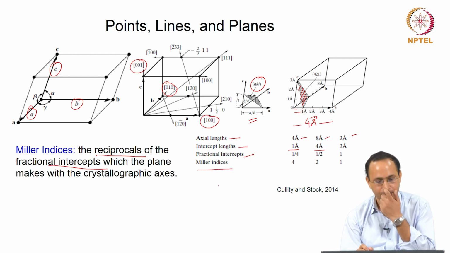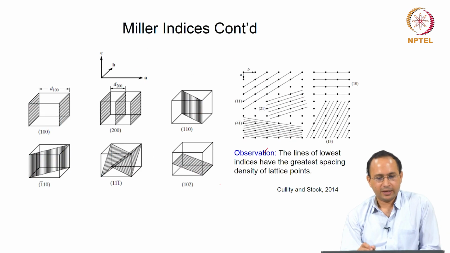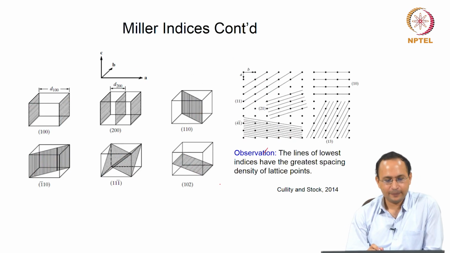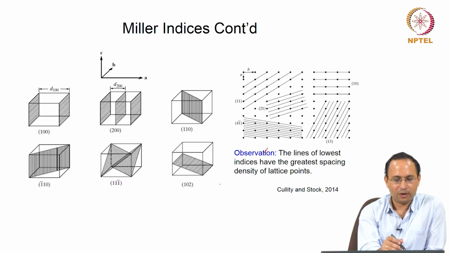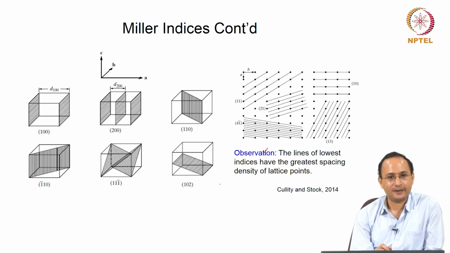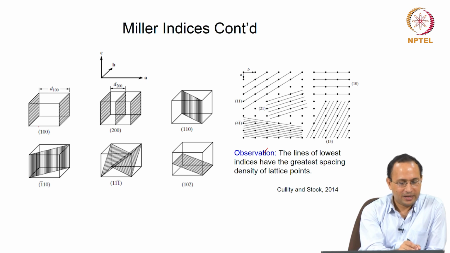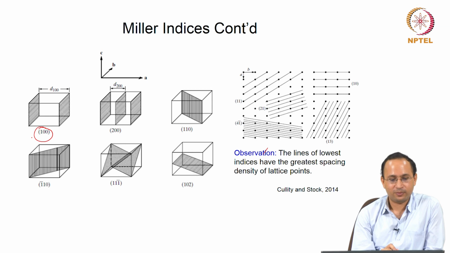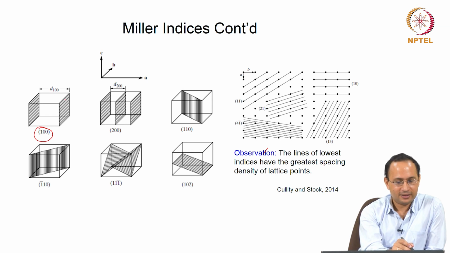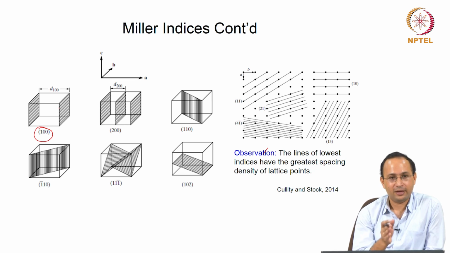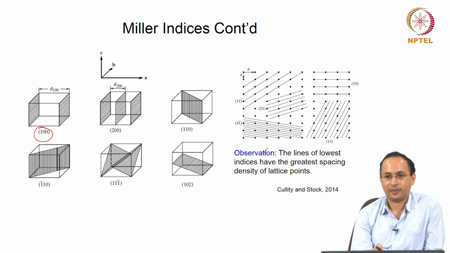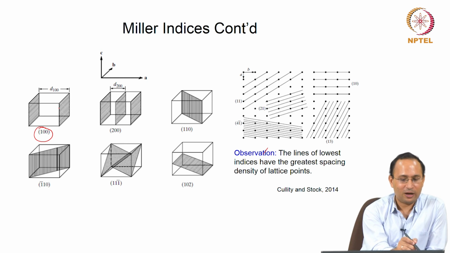Okay? Is it clear? Again, going over Miller indices again, these are the planes. So, you have A, B, C, 3 crystallographic axes. So, plane 1, 0, 0, this is the plane. It will have intercept of 1 only with axis A, because others are not cut.